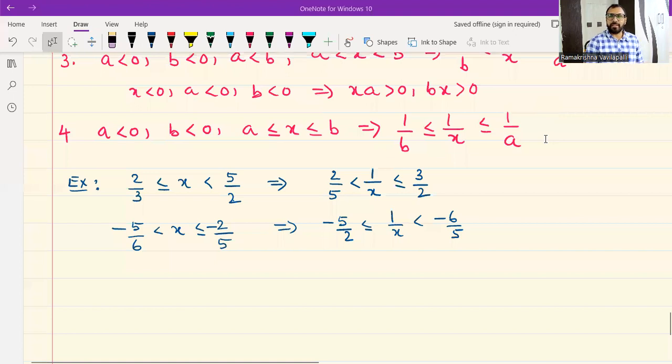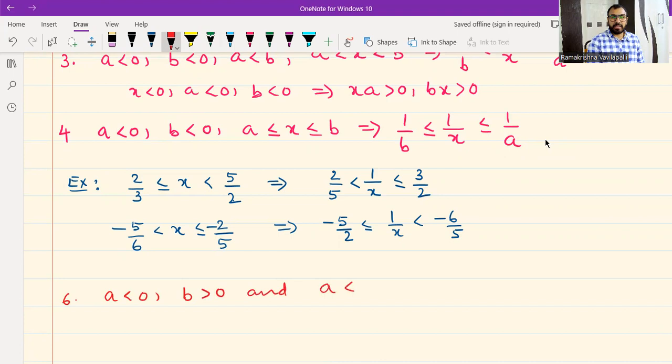So what will happen if one quantity is negative and the other quantity is positive? See, A is less than 0, B greater than 0, and A less than X less than B. Okay.